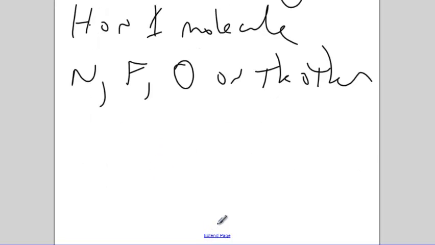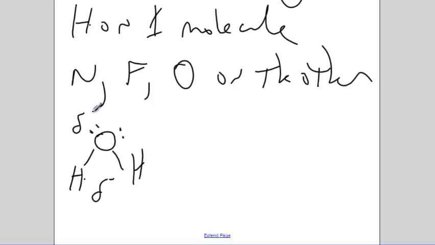So instead of H2S, we have water. Same kind of interaction. The partial negative and the partial positive down here, the partial negative up here.